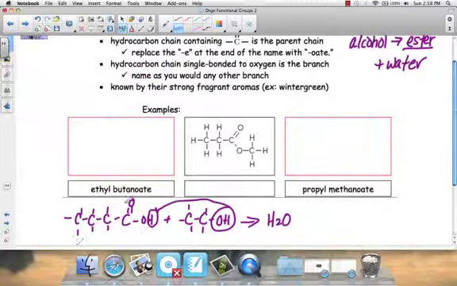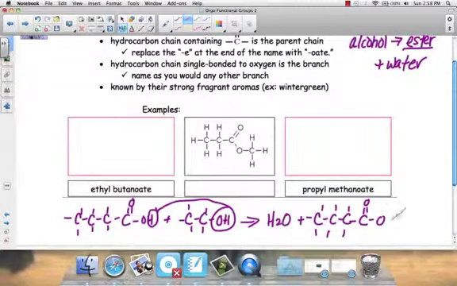Now look what I'm going to do. I'm going to recopy what's left over here. I've got C, C, C, C, double bond O and O, and then my H's. And then I'm going to take what's left here, which is 2 carbons and 5 H's, and add them on.